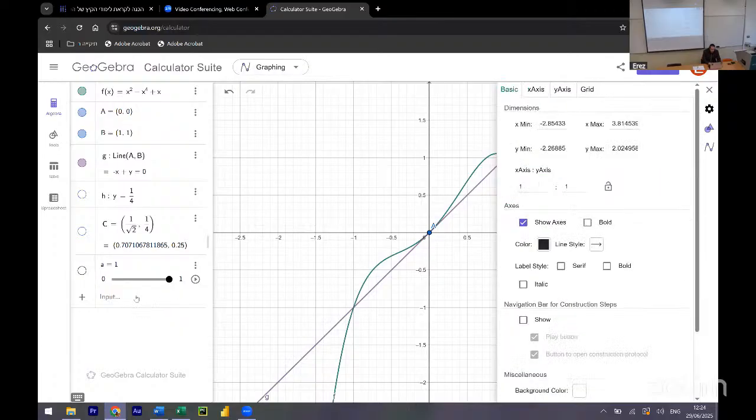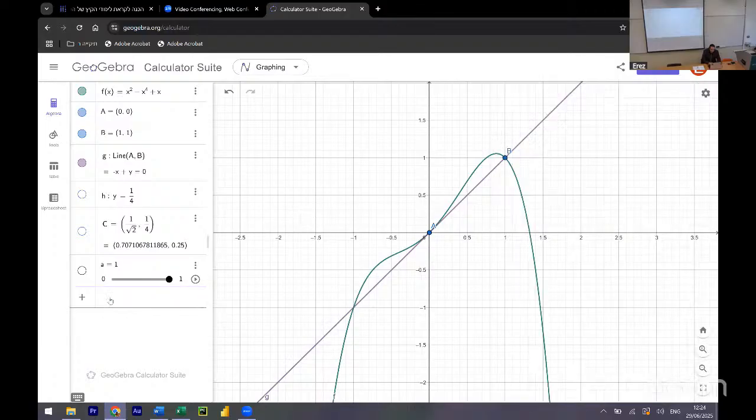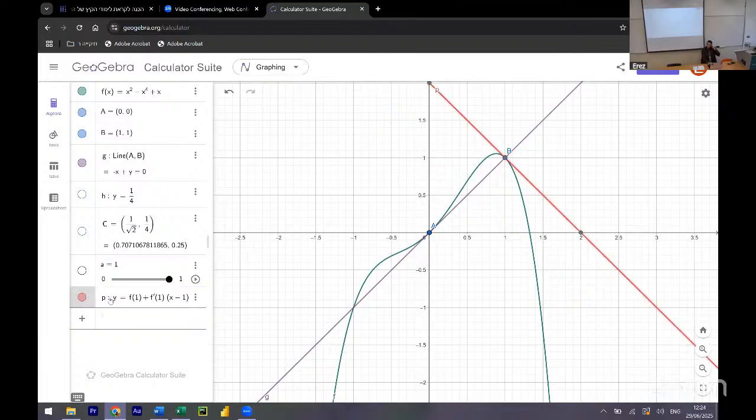Okay, and now I'll write the tangent line: y equals f of A plus f prime of A times x minus A. That's the formula for the tangent line. And now I'm going to move the point.